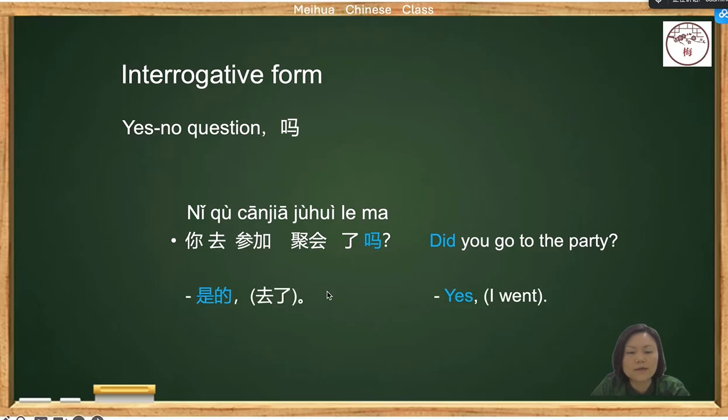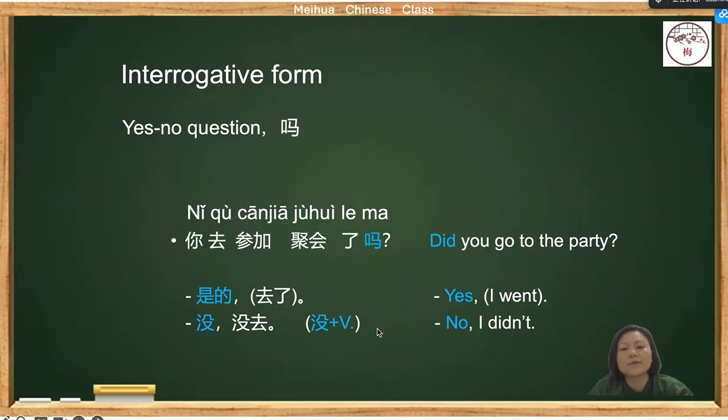Okay, the answer here, if it's yes, we will say 是的，去了。If it's no, 没去。Here, what I want to tell you is that if the tense in a sentence is about the past, we don't use bu. We don't use bu to mean not.